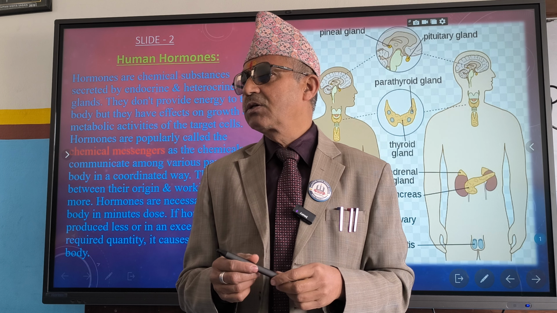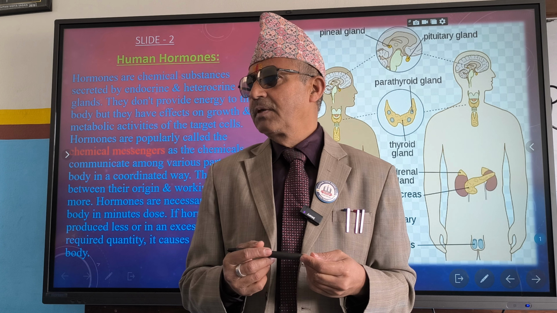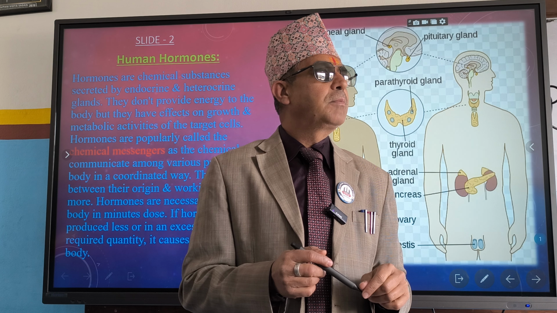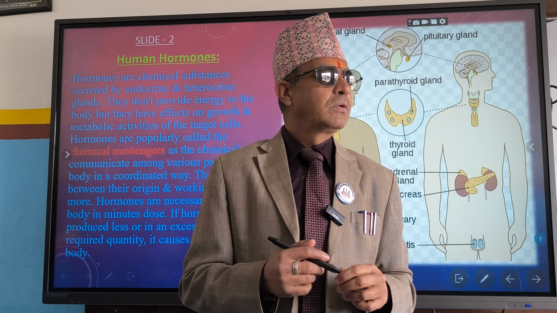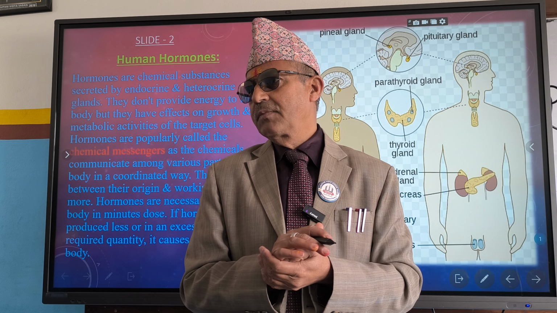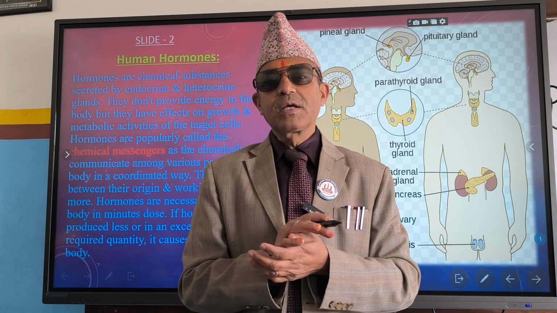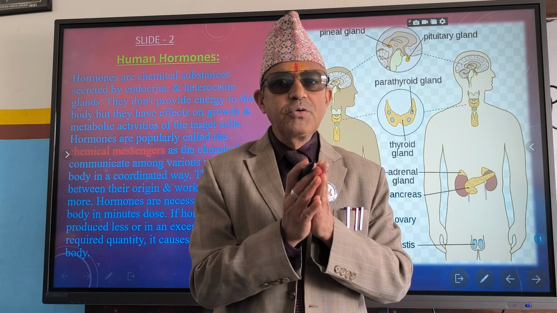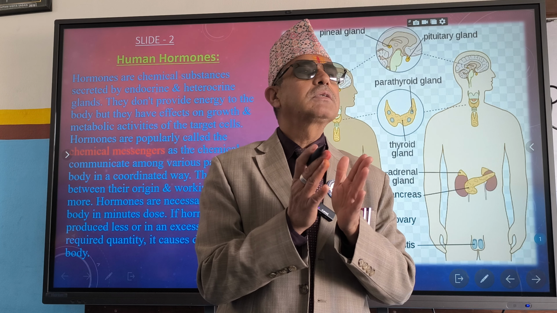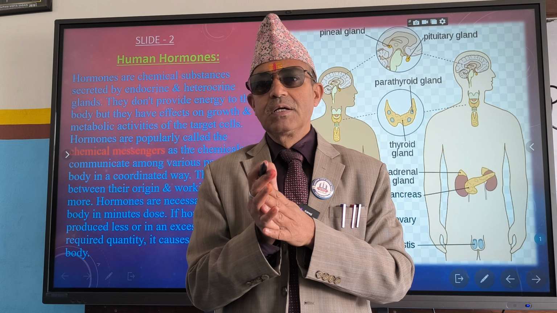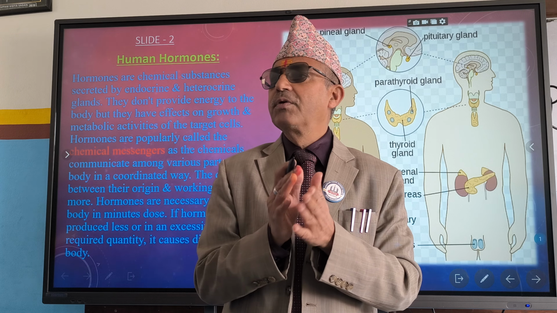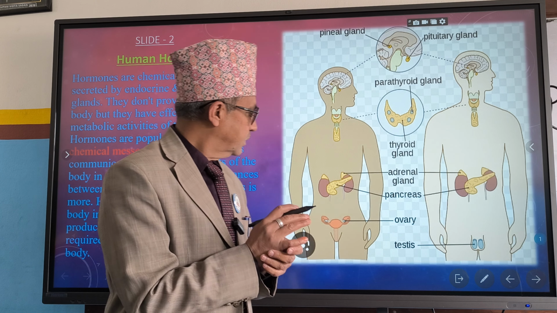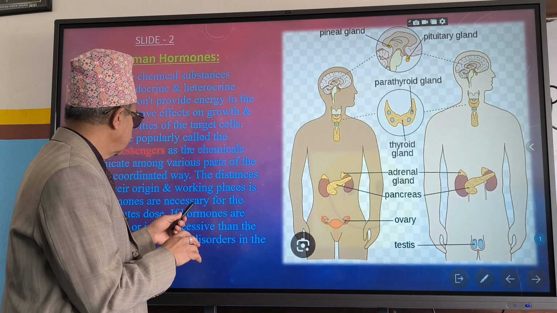That chemical substance is called hormone. And hormone is called chemical messenger. Why? Why is hormone called chemical messenger? Because it helps to communicate among various parts of our body. Right? These are the things to remember.